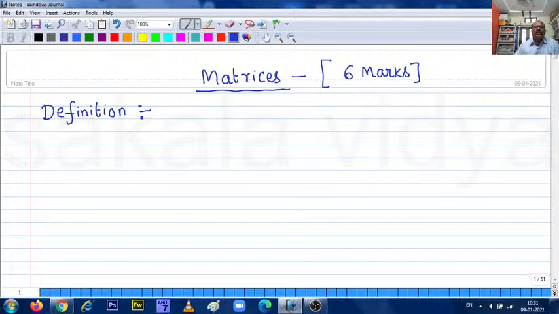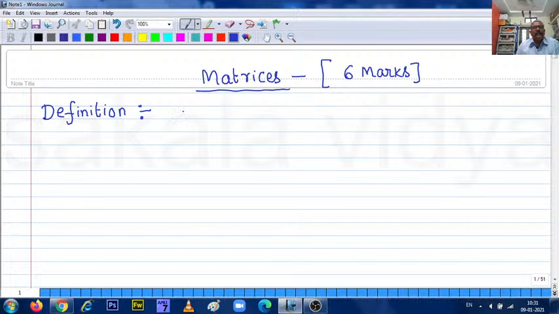Actually, the matrix is an arrangement of numbers. The numbers are arranged in a rectangular array, and that arrangement is called a matrix. The numbers may be real numbers or complex numbers. If real or complex numbers are arranged in a rectangular array, then that is called a matrix.